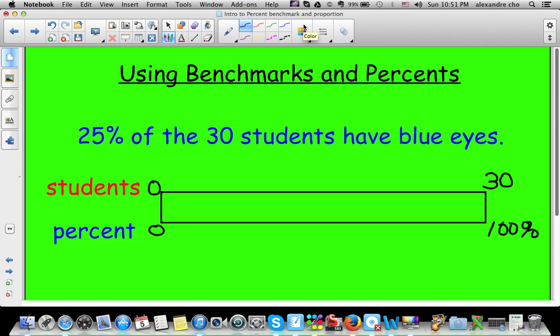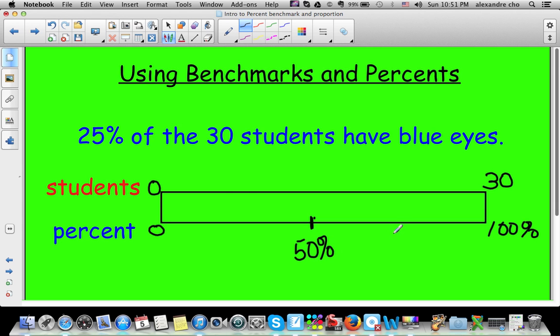Okay, so let's see what we have. 25% of the 30 students have blue eyes. How do we represent this on this bar here using benchmarks? Well, the first benchmark that we know of, very easy to recognize, would be right here. Everybody knows what 50% is. It's half.